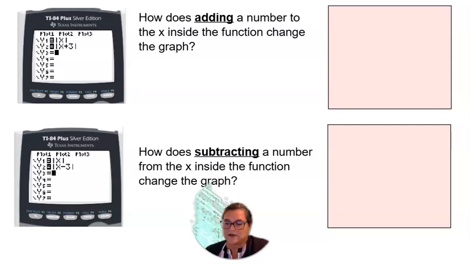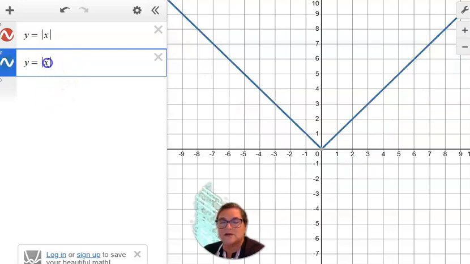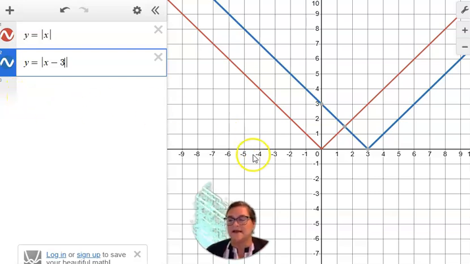So if I go back to Desmos or that graphing calculator, this time we're going to subtract 3 from inside the absolute value function. And we see that the parent graph, the vertex at 0, 0, shifted 1, 2, 3 units to the right. So x minus k is going to shift that graph to the right k units.